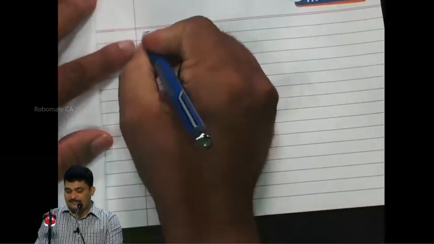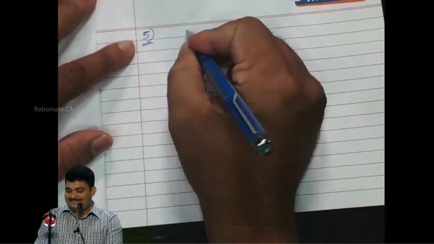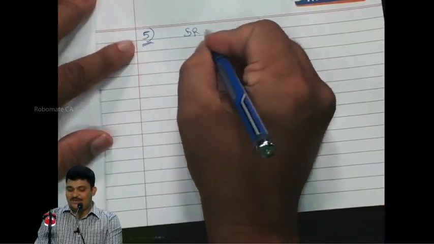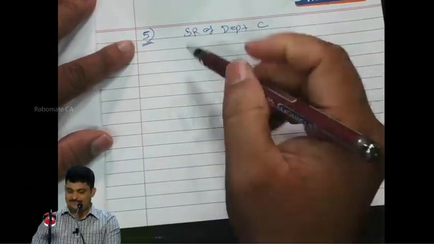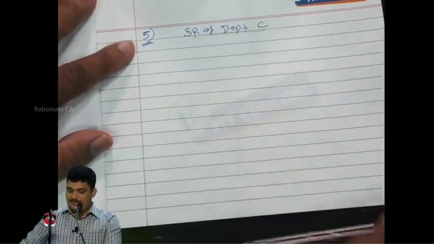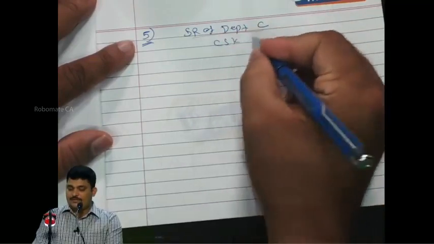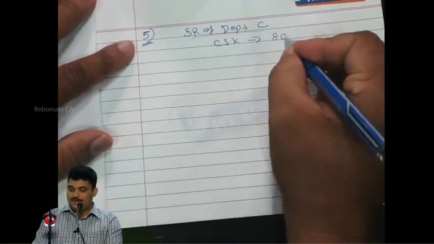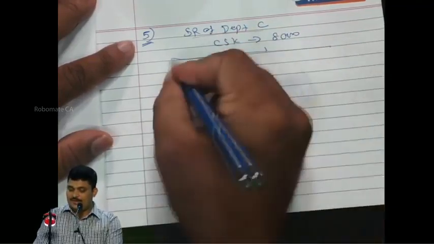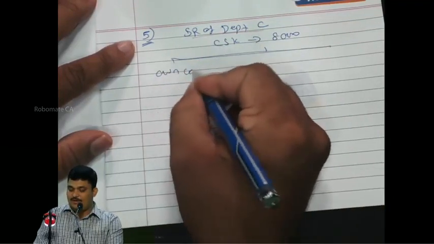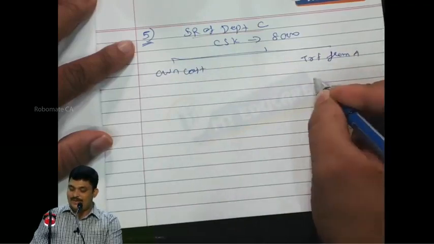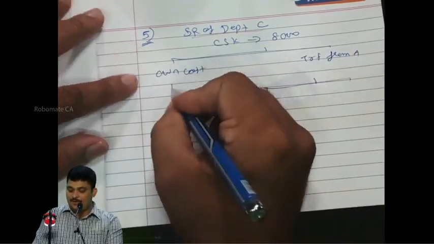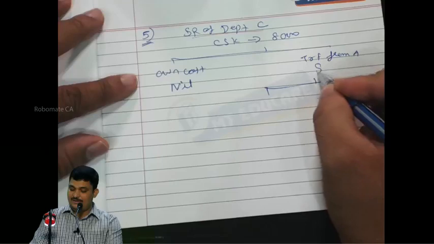Now C. Stock reserve of department C. What is the closing stock? 8,000. Own cost, transfer from A, own cost is nil.